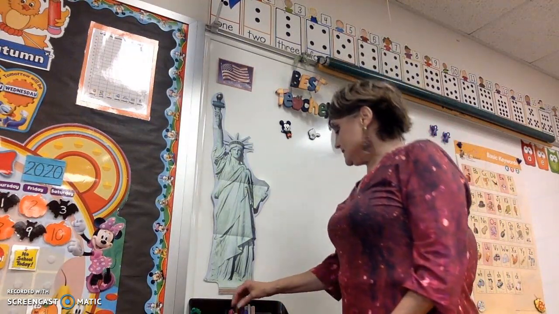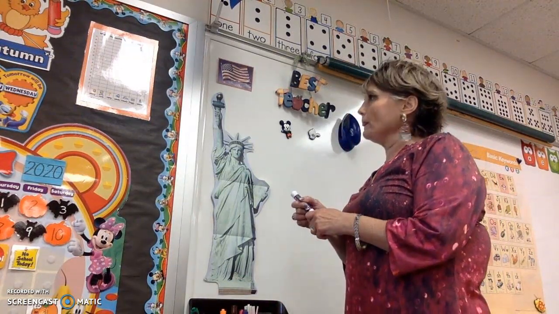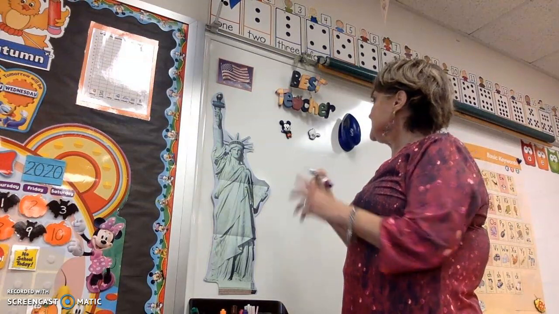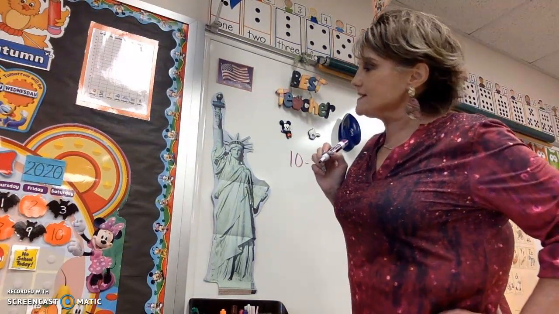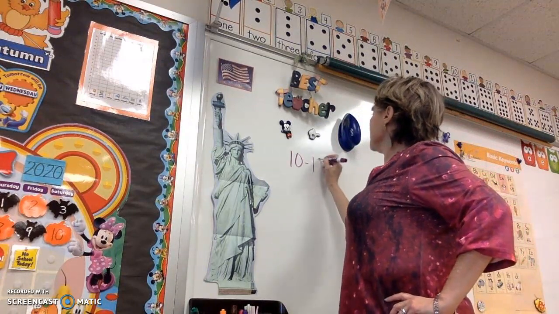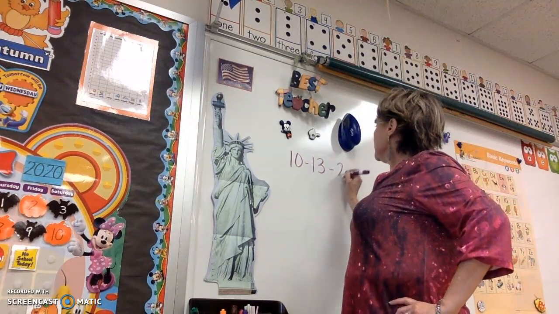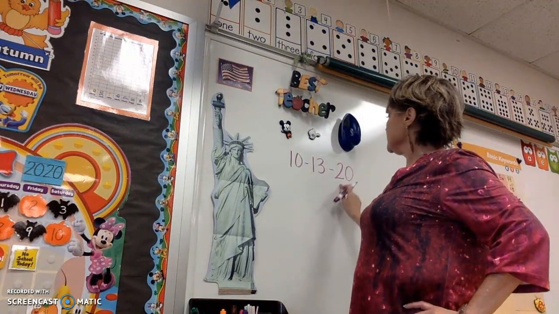It is time for Mrs. Hensley to write the date. We know that October is the 10th month, and we know that today is the 13th, and the year is 20. Okay, so 10-13-20.